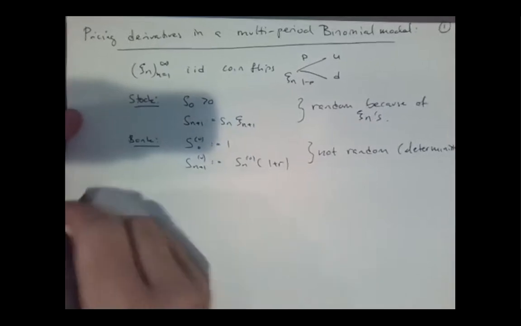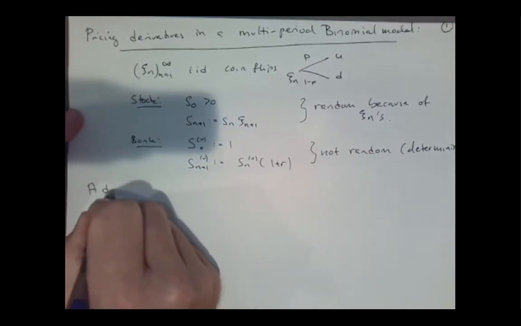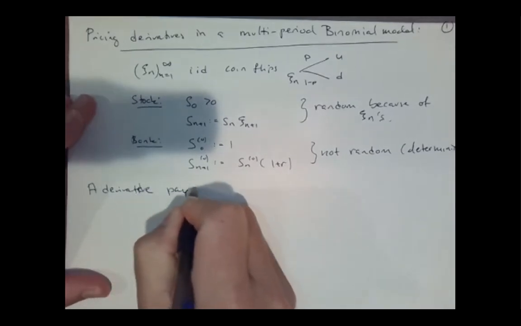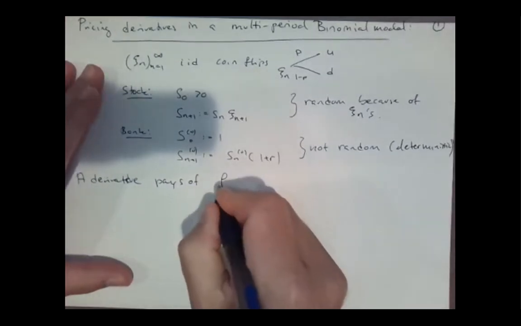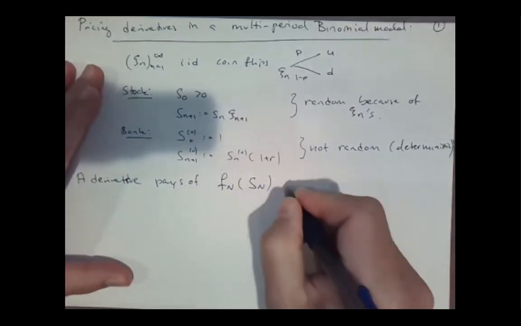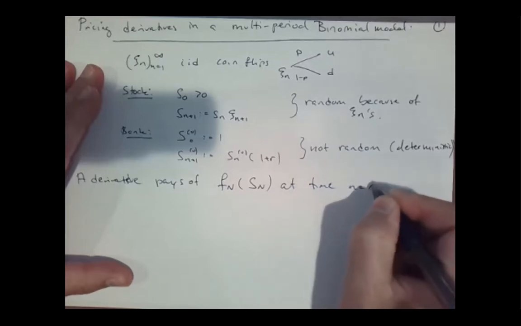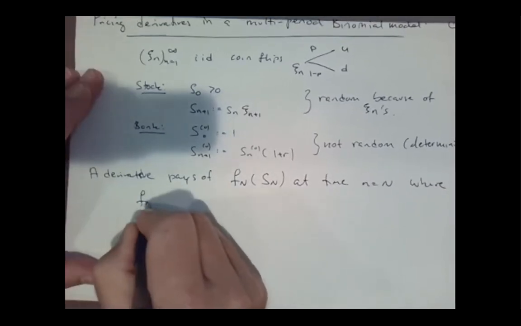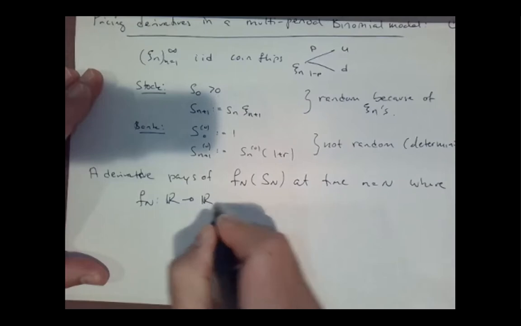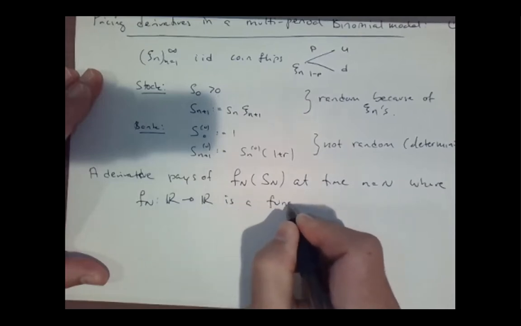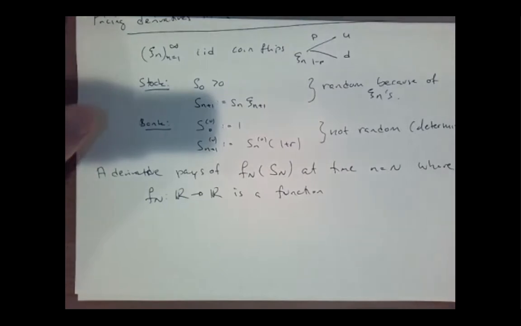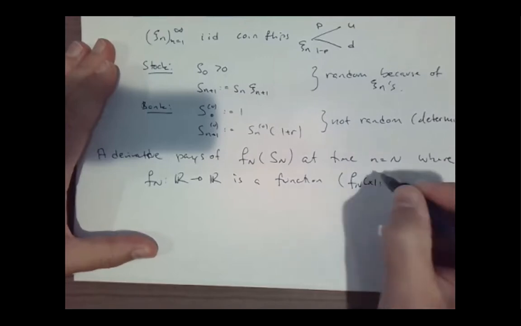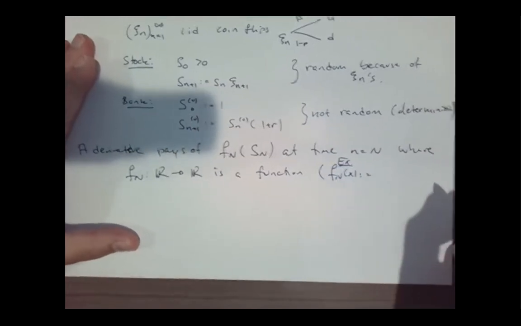Okay, so then what we're given is a derivative. A derivative pays out Fn of Sn at time n, for a function Fn. So the examples are the usual ones that we've had before.